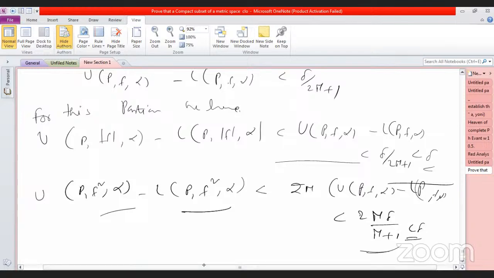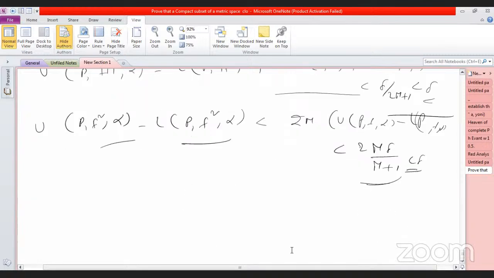Here in the square, we get 2M by 2M delta by M plus 1, that is less than or equal to delta.